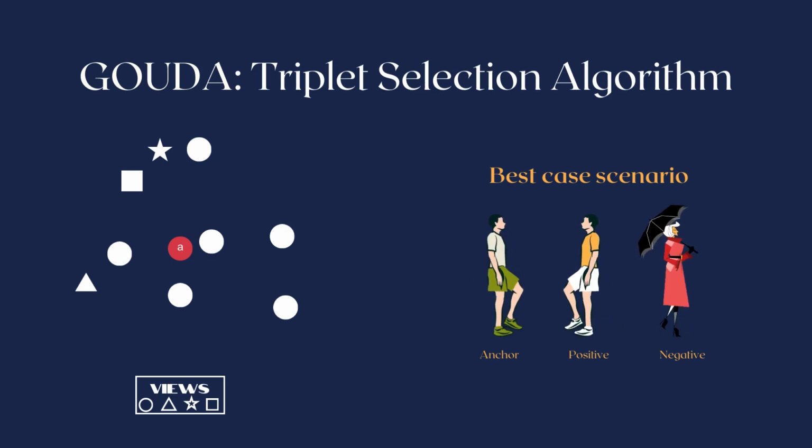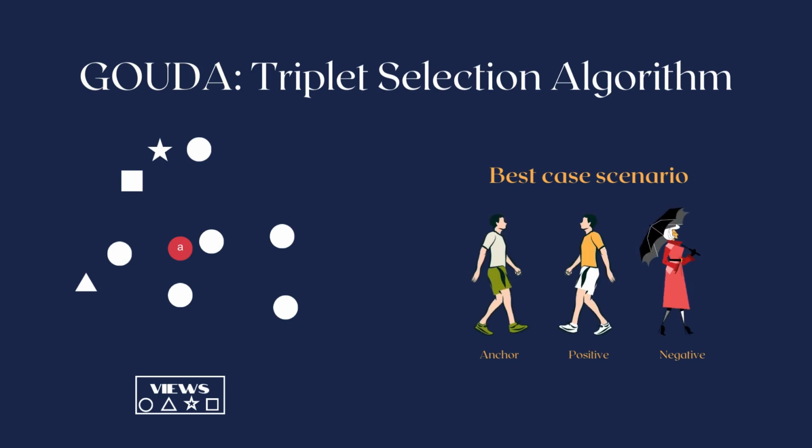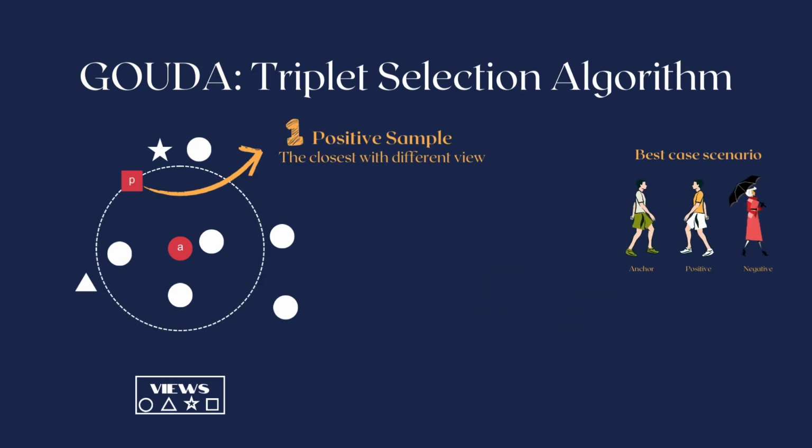Ideally, we aim to find correct triplets, such that, given an anchor, the positive sample has the same identity but a different view, and the negative sample belongs to a different identity but of similar view. The positive sample is chosen to be the closest sample with a different view.